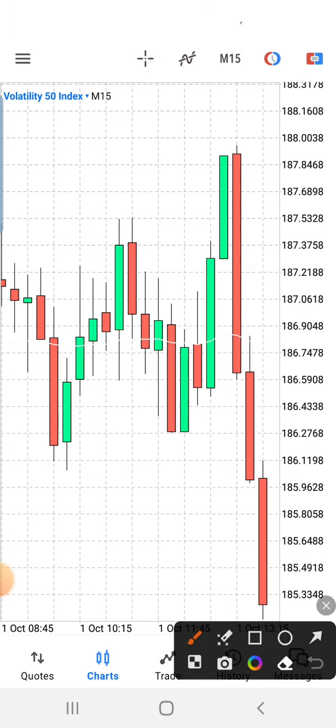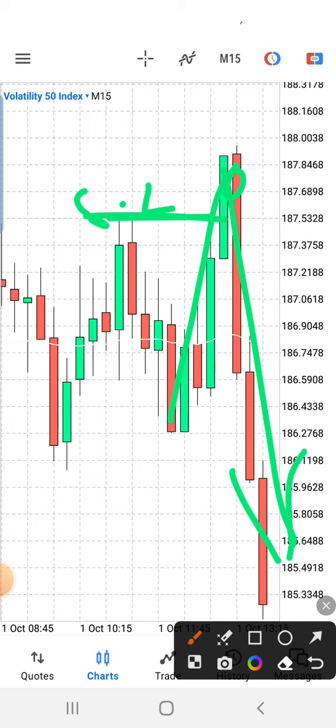So they displaced a lot of people out of this trade, triggered stop losses at this point, then boom, to the downside. But the major thing is you shouldn't be buying this W pattern at this point, because the candlestick that formed within that zone is a strong bearish momentum candlestick, so you should avoid making entries.